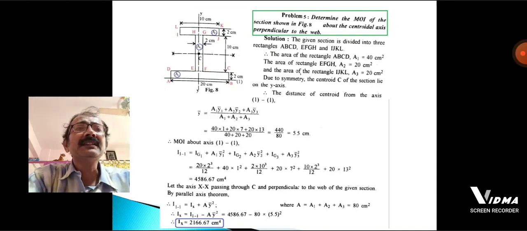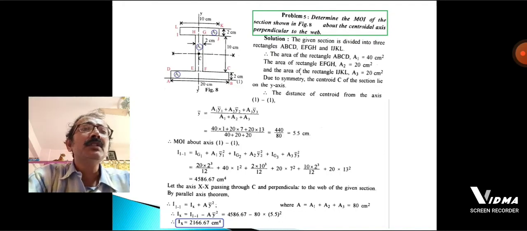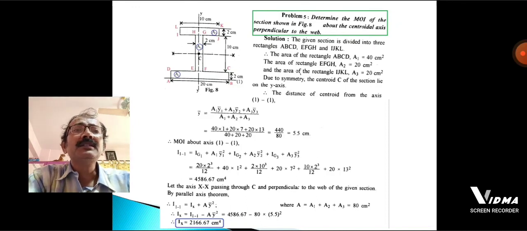Let the axis xx pass through C perpendicular to the web of the given section, by the parallel axis theorem. I_11 is I_x plus A y bar square, where A equals A1 plus A2 plus A3, that is 80 centimeter squared. Now I_x equals I_11 minus A y bar square. So finally I_x equals 2166.67 centimeter to the power 4.